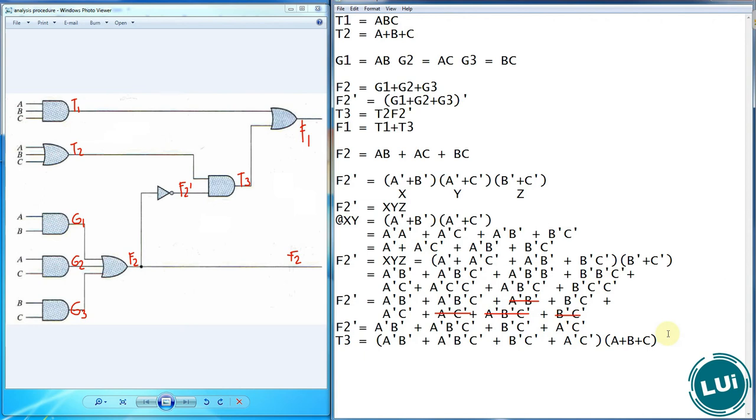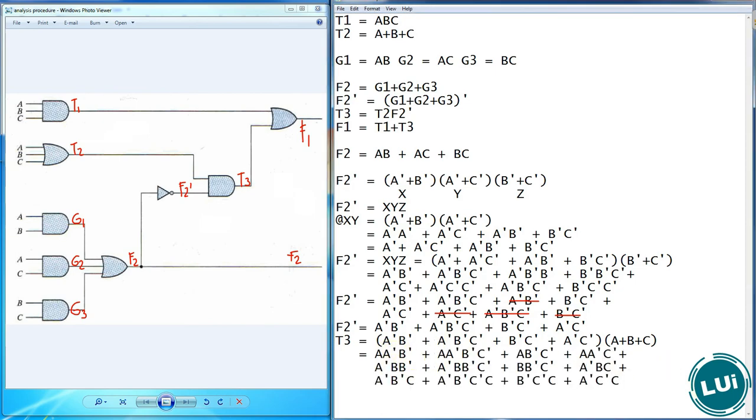So you distribute that, the same thing that we did earlier. Distribute A prime B prime to A, A prime B prime to B, A prime B prime to C. If you keep doing that, your final output will be T3 equal to this expression.